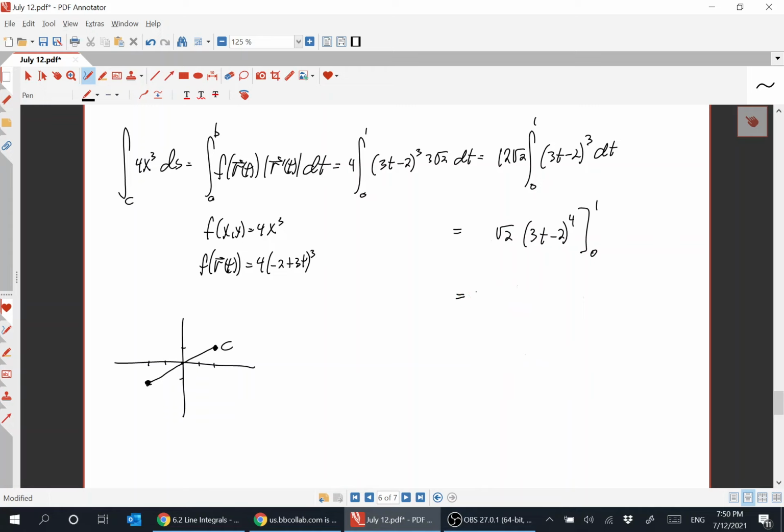So now at 1, 3 minus 2 is 1 to the fourth, and at 0, minus 2 to the fourth. So this is 1 minus 16. So it's minus 15 root 2. There we go. So this is not the picture. It's up here. That's the C, not this.